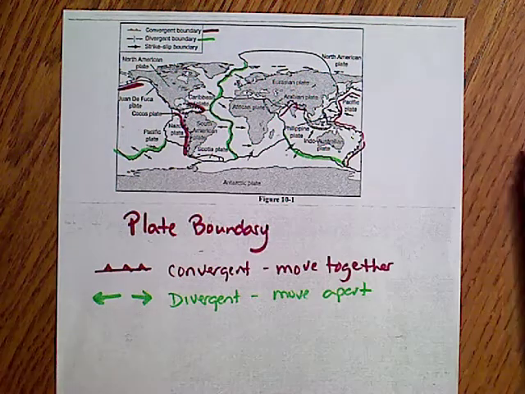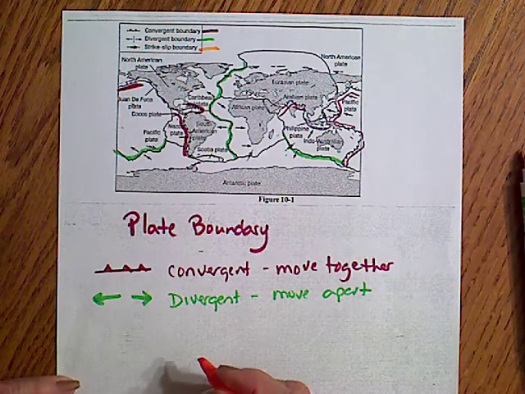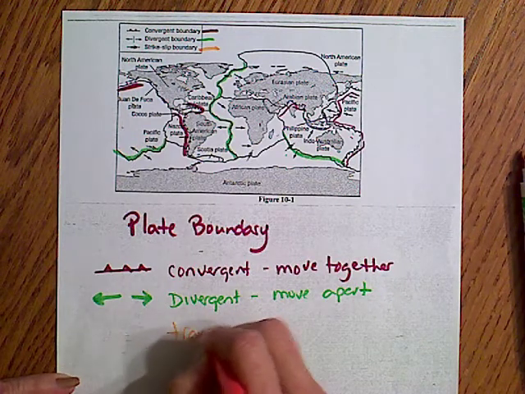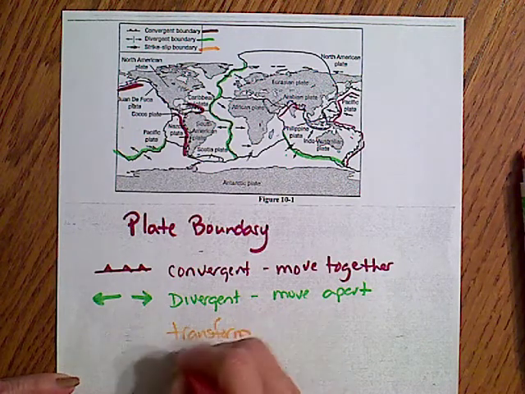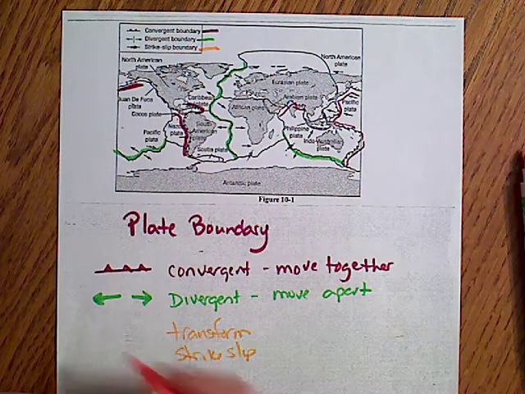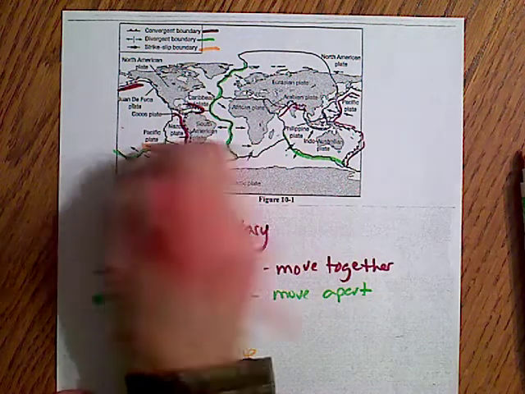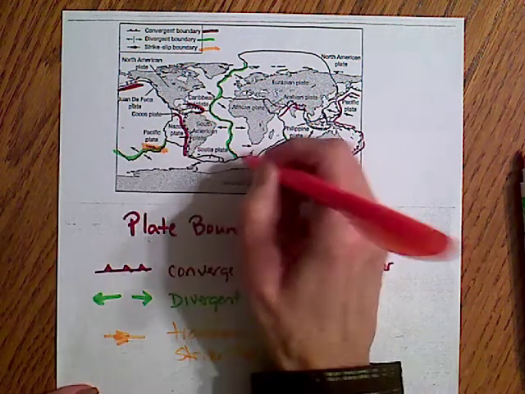The third type of boundary that we can find on this map is called the strike slip, which is also called the transform boundary or the strike slip boundary. And they have kind of an odd look to them. They kind of go like this. And if you notice when we go to find these on here, that they are kind of mixed amongst other boundaries, all right?